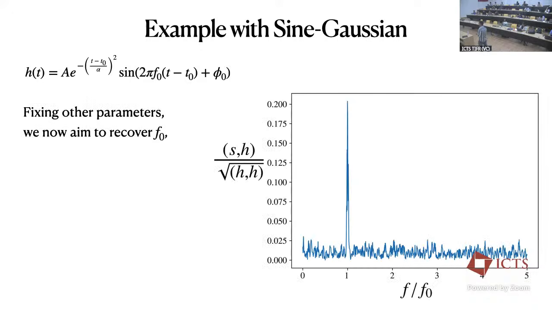Because this is F by F naught. So F naught was the injection, right? Okay, I'm varying F naught, but let's call it F for now. So that's the frequency. I'm varying the frequency and creating the templates. F naught is your injected value. And in that formula, instead of F naught, just write F and vary that F. And create the templates and compute this particular thing for all the different templates.